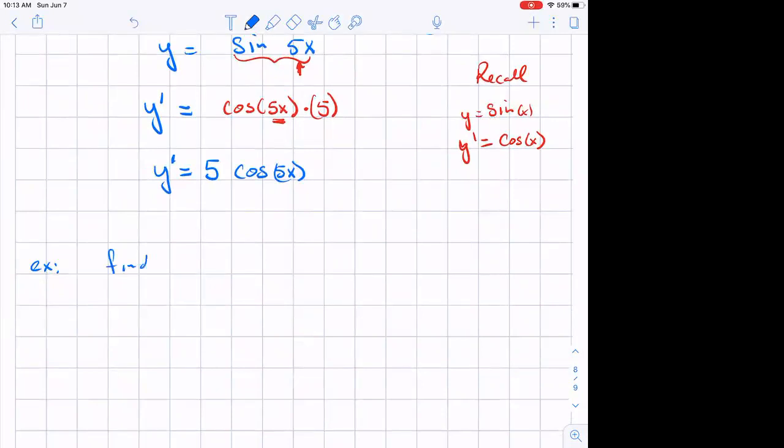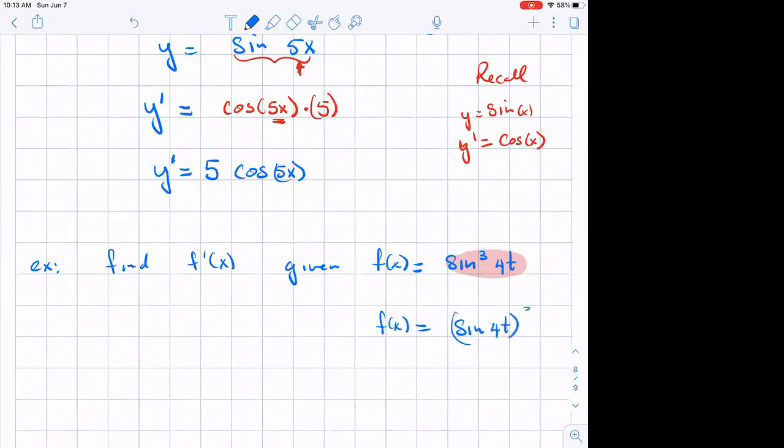Find f prime of x given f of x is equal to sine cube of 4t. Okay. Please keep in mind that this is the same as if we write f of x is equal to sine of 4t, everything cubed, right?